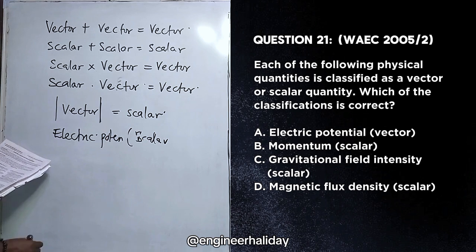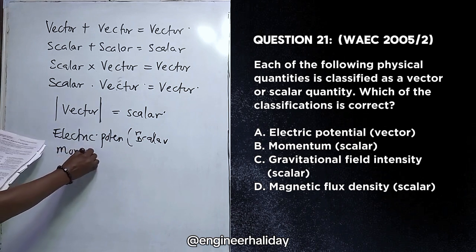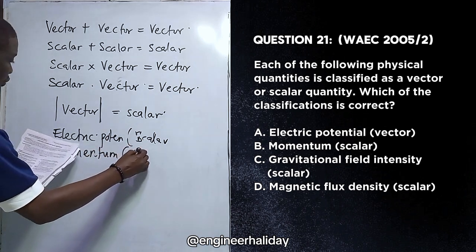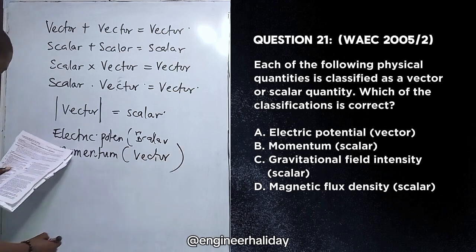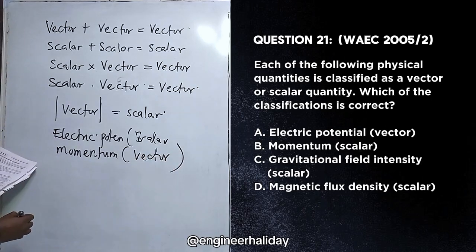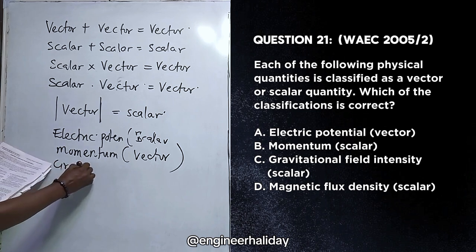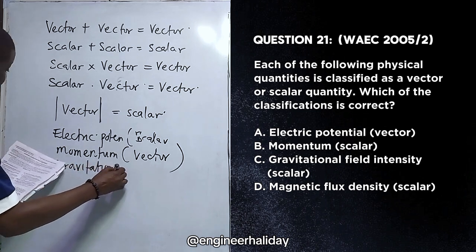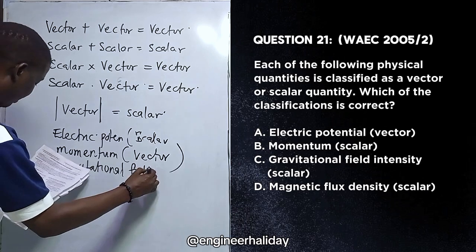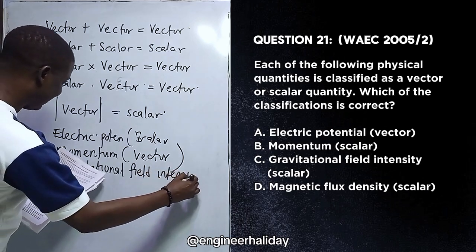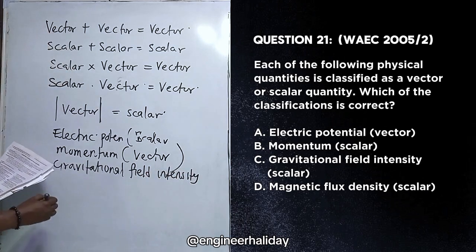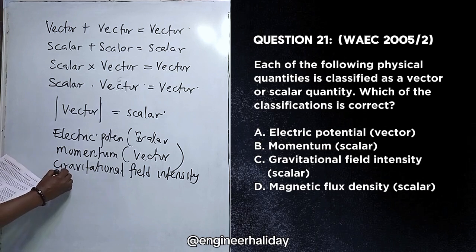The momentum is a vector. Then gravitational constant, gravitational field rather. Field intensity is a vector.